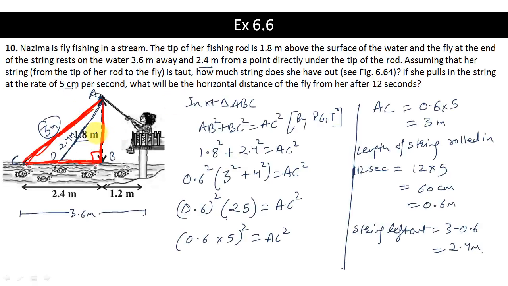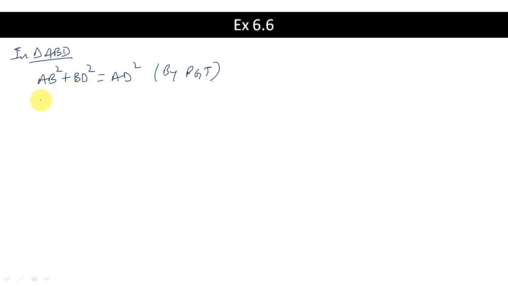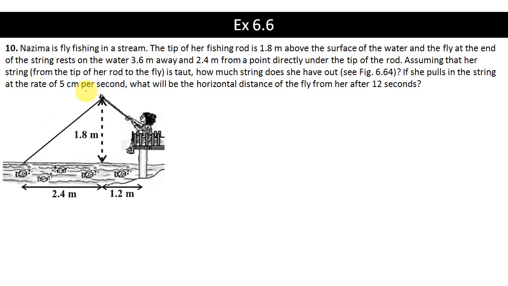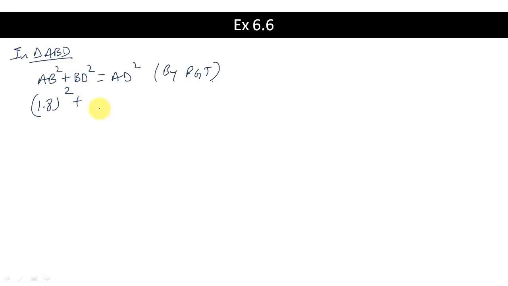So in triangle ABD, AB square plus BD square is equal to AD square. This is by Pythagoras theorem. Now the length of AB is 1.8 square plus BD, this we have to find.